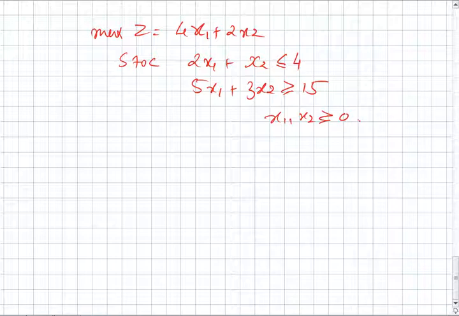So this was our problem. Instead of x1 and x2, if we replace by x and y, then it will be better to see graphically. So instead of x1 and x2 I am writing everywhere x and y only.